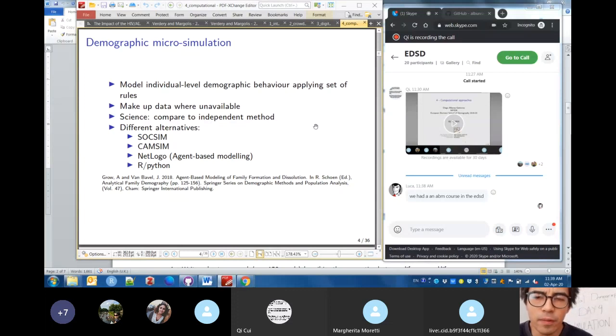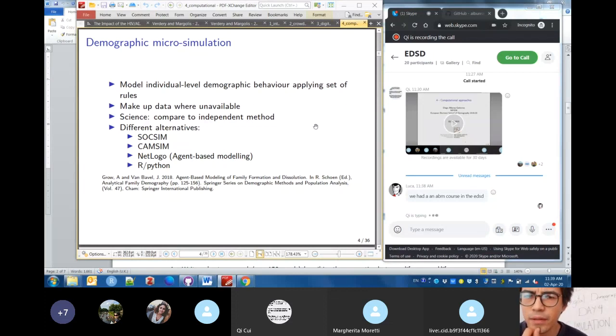Demographic microsimulation, the one that I will be discussing, is similar, but a bit more restricted in the sense that we are not so interested in social behaviors, but mainly in the demographic components of population change.